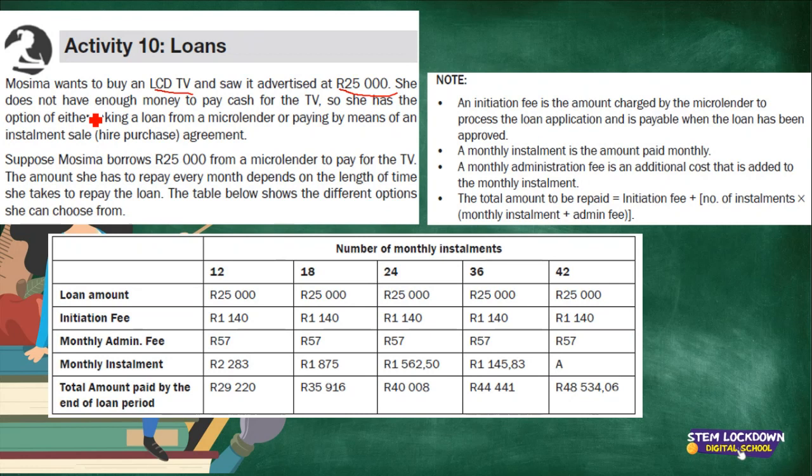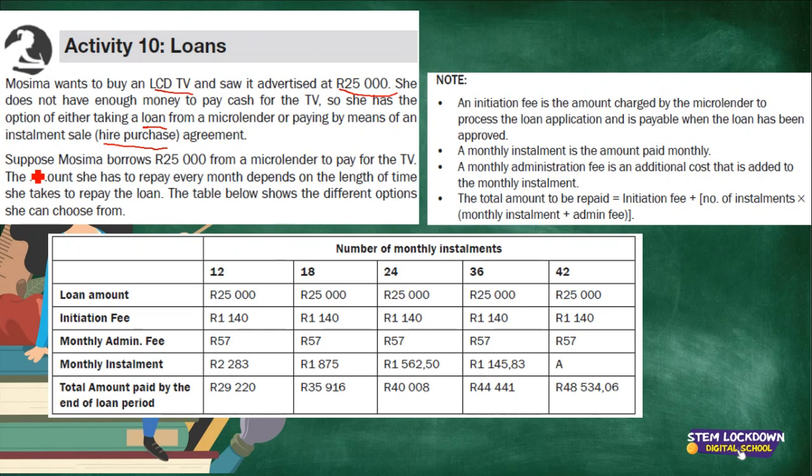So she has two options: a loan from a microlender, or pay by means of an installment sale agreement. Installment sale agreement is hire purchase. This usually involves initial deposits, then equal monthly installments over a period of time.